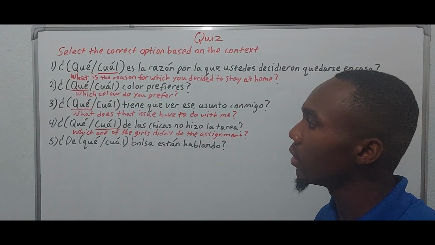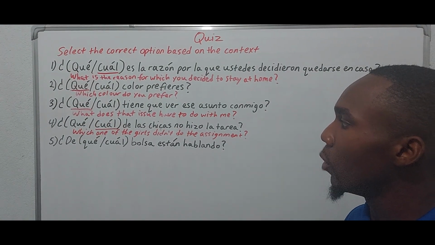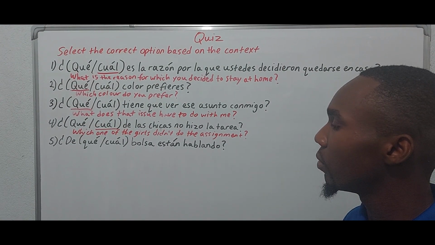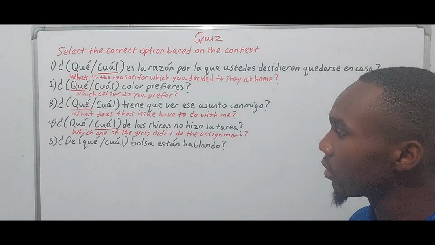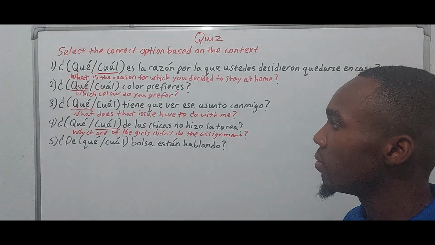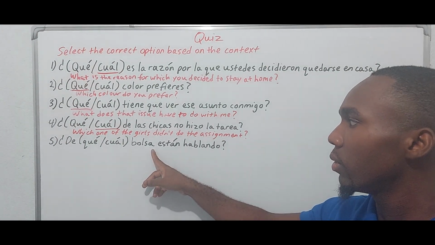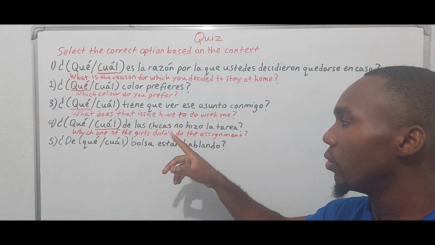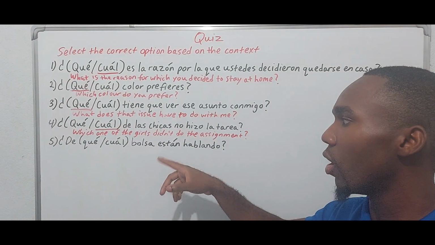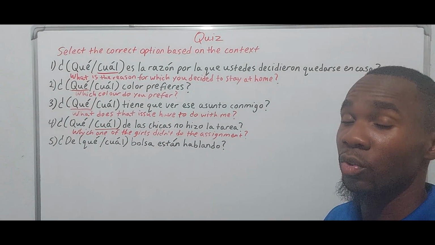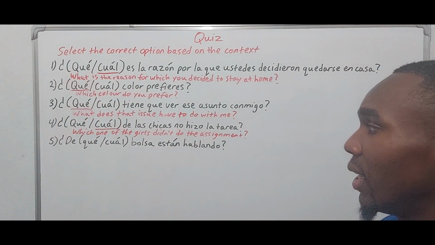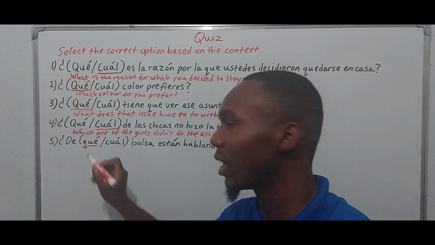And finally, ¿de qué o cuál bolsa están hablando? What's the context? We're talking, you have a noun. So obviously the context is which. ¿De qué bolsa? ¿De cuál bolsa?